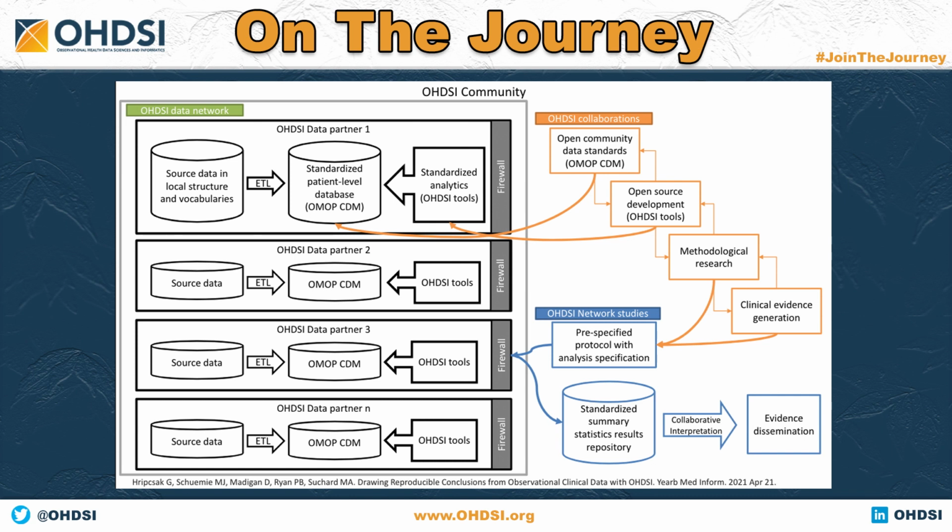It goes on to thinking about how we standardize the content with our standardized vocabulary, how we standardize the conventions for how to ETL data into the common data model, how we standardize analytics so that we have the common capacity to conduct characterization, estimation, and prediction studies, and how we standardize the approach to conducting network research and generating evidence.